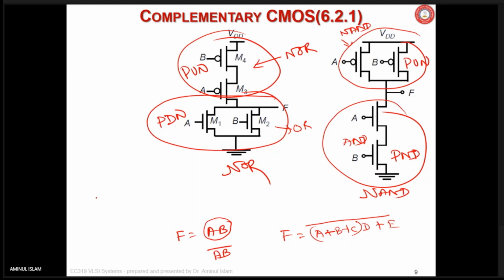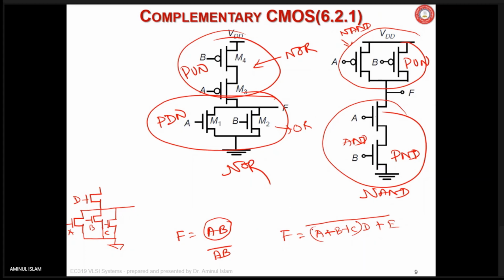So I'll put first D here, then I'll put A, B, and C. They all are in parallel: ABC, and it is ANDed with D.